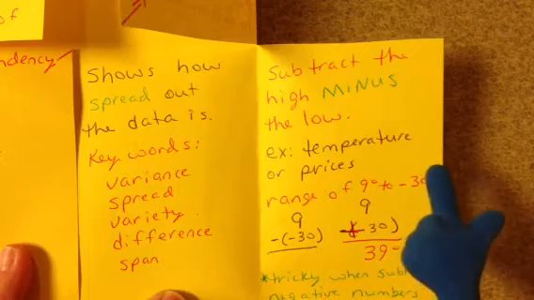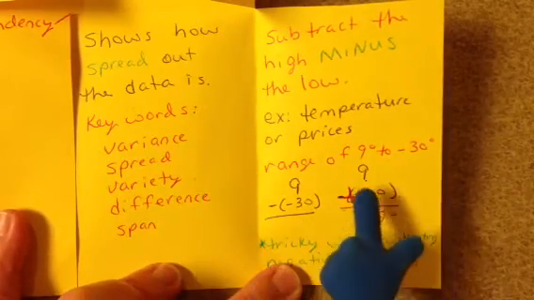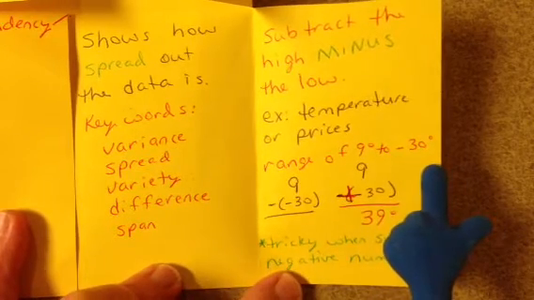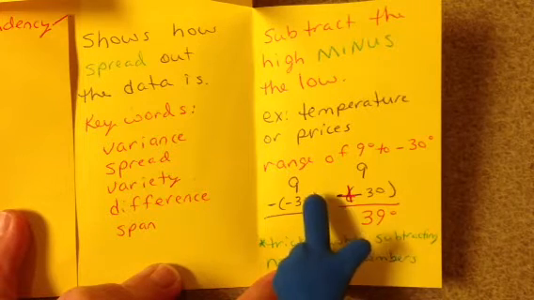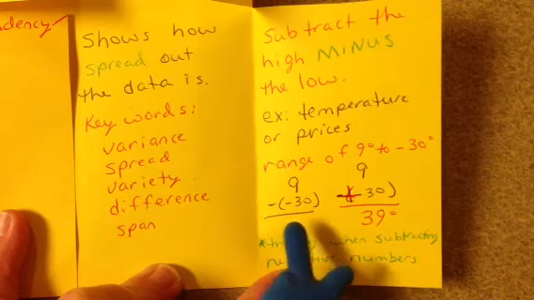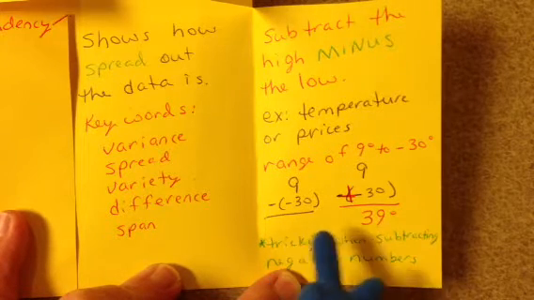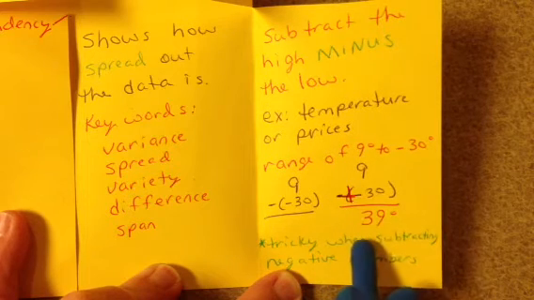Okay, so for example, this could be temperature or prices. So if we have a range of temperatures from 9 degrees to a negative 30 degrees, well, you need to write this out, because this will be 9 minus a negative 30. And when we have minus a negative, that turns into our great big plus, so that we actually add.